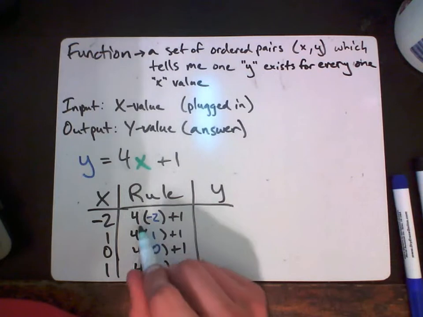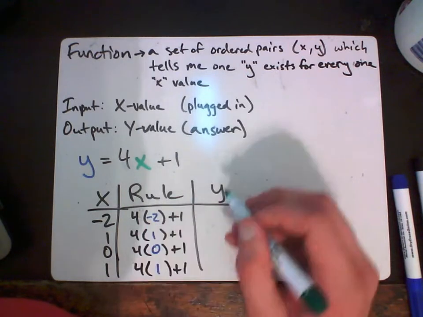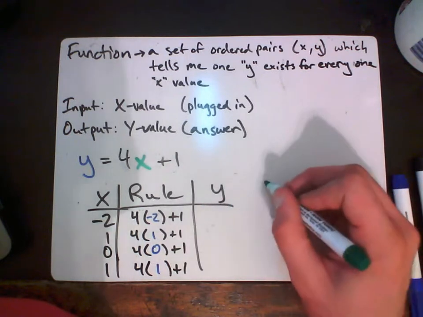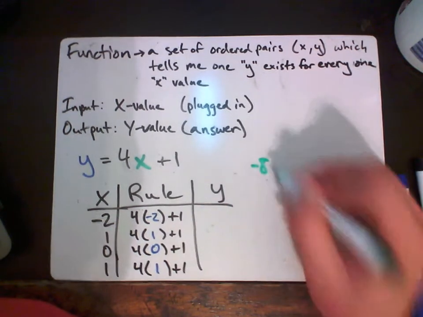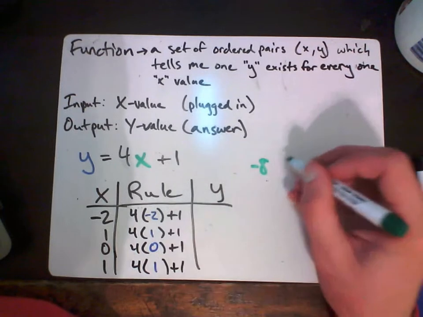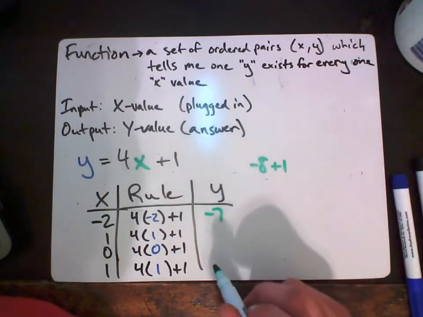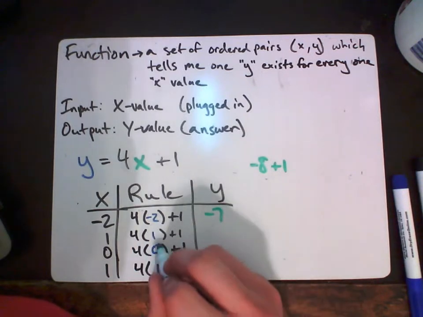4 times -2 is -8. Maybe I can do a little math off to the side here. -8. Keep going. Plus 1 is going to give me -7. 4 times -1.